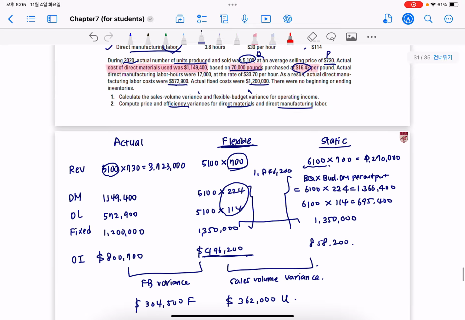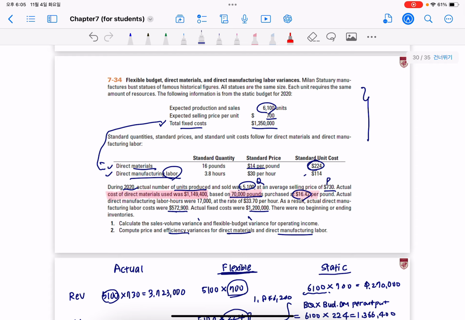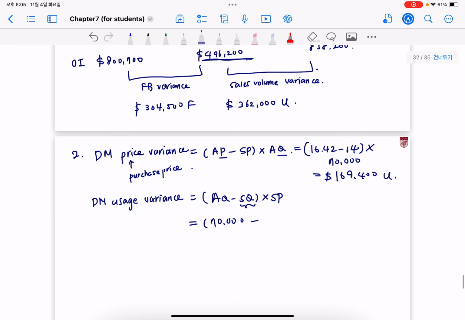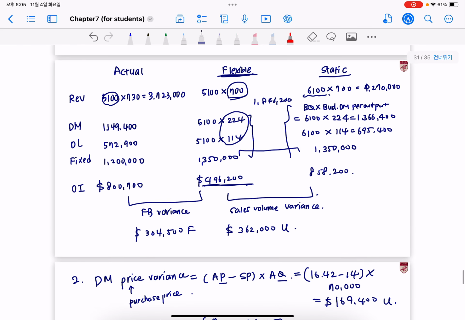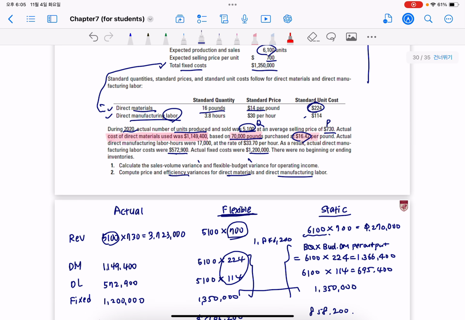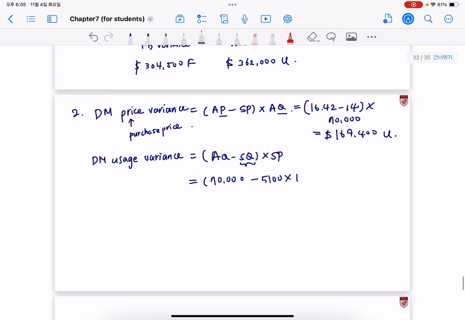So the actual quantity of output is 5,100, and the standard input quantity per output is 16. Right? And then the standard price again is 14 from above. All right, so let's calculate this.